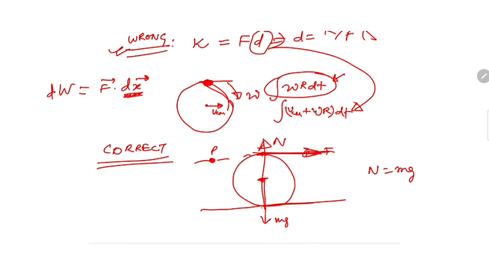So the net torque about this point is 0. So we can conserve angular momentum about this point. We know that the angular momentum about any point is equal to the angular momentum of the center of mass plus angular momentum about the center of mass, including vector sign, of course.